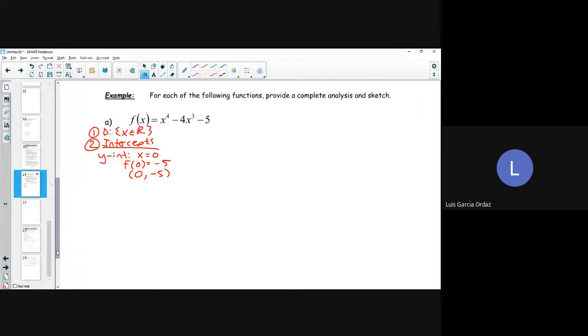And now I need to find my x-intercept, which means setting y equal to 0. So I get 0 is equal to x to the 4 minus 4x cubed minus 5. We need to use factor theorem to determine my x-intercept. So if I use factor theorem here, what would my x-intercept be to give my whole equation equal to 0? It's a very simple number.